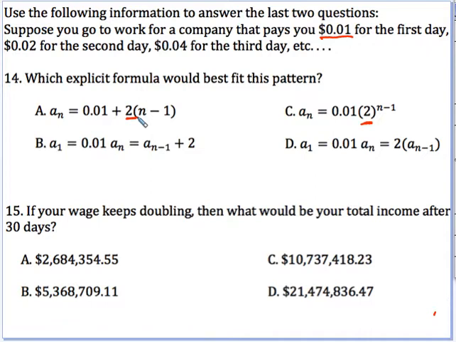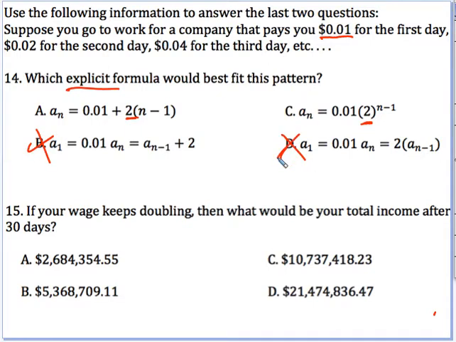D and B are recursive formulas, okay? We want the explicit formula, not the recursive formula. So just kind of cross off these two options.